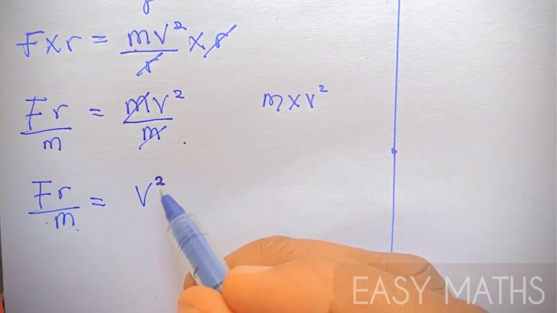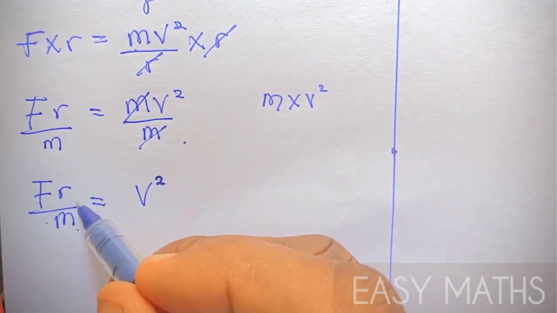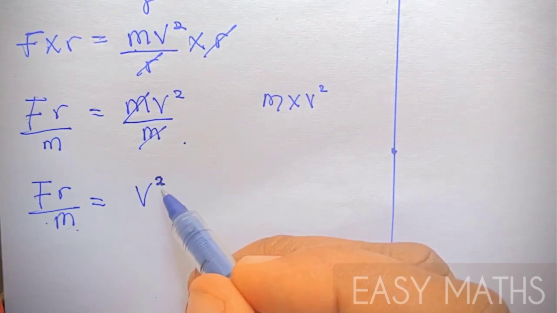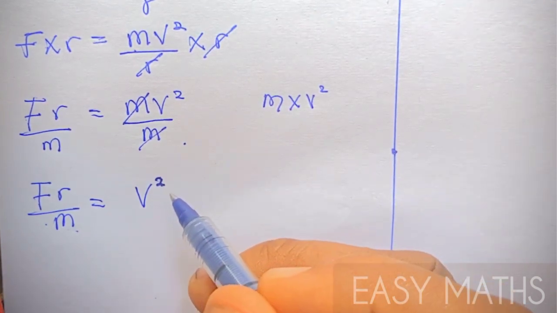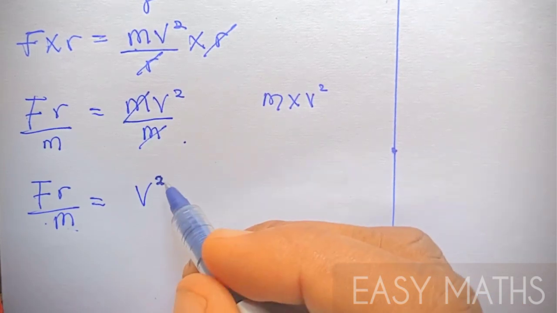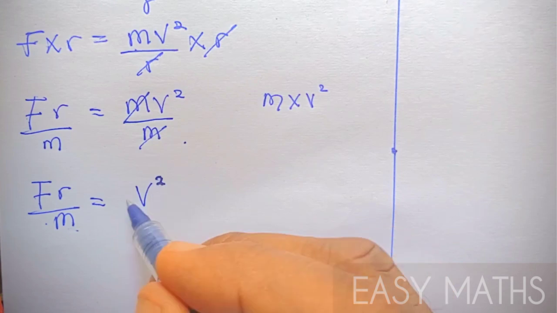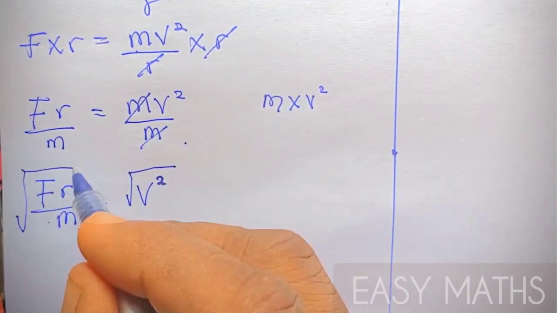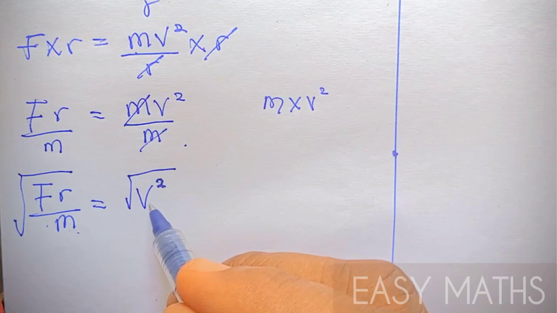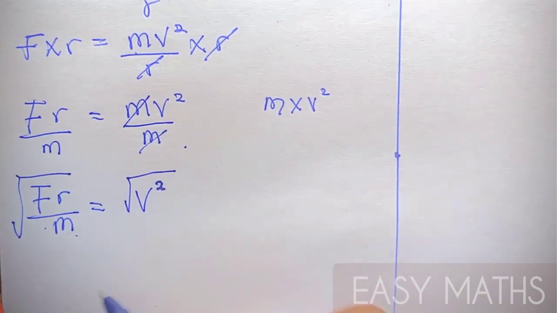So definitely we want to eliminate this square from this v to this other side. So we are going to find what is the inverse operation of square. The inverse operation of square is square root. So we are going to apply square root to this, and we're also going to apply square root to this, because whatever you do to this side of the equation, you are going to do to this side.